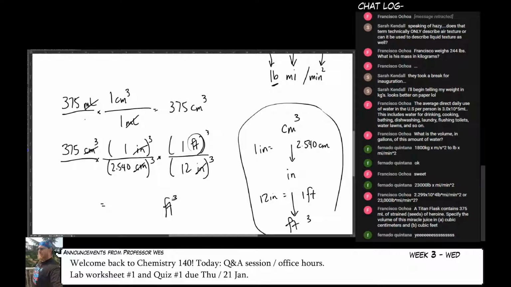And I should get a really tiny number, 0.013243. So 0.0132. There you go. There's your 0.01 cubic feet of heroin.